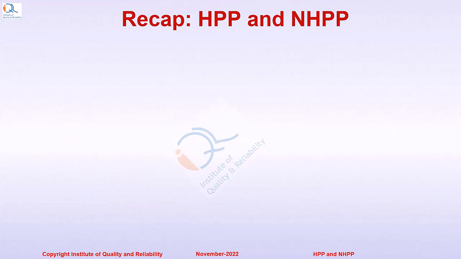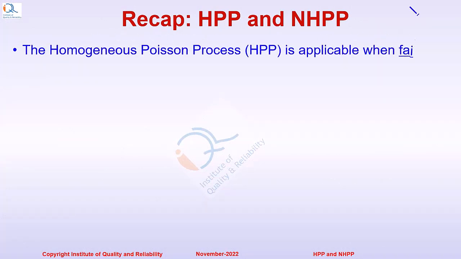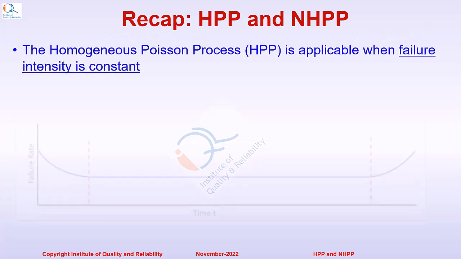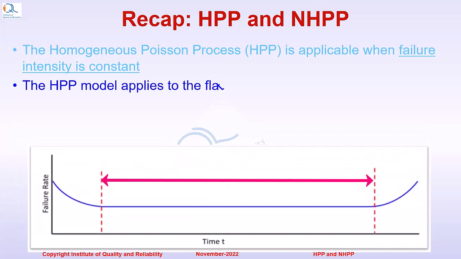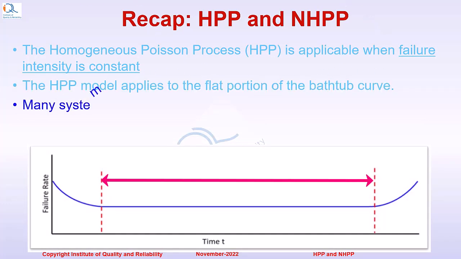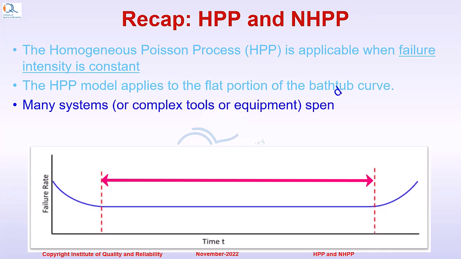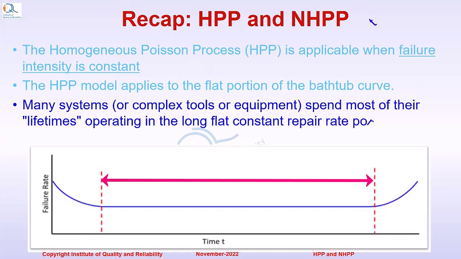Let us do a quick recap. The homogeneous Poisson process, or HPP, is applicable when failure intensity is constant. The HPP model applies to the flat portion of the bathtub curve. Many systems or complex tools or equipment spend most of their lifetimes operating in the long, flat, constant repair rate portion of the bathtub curve.